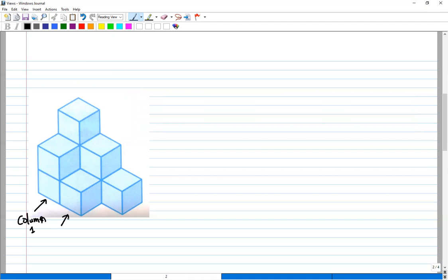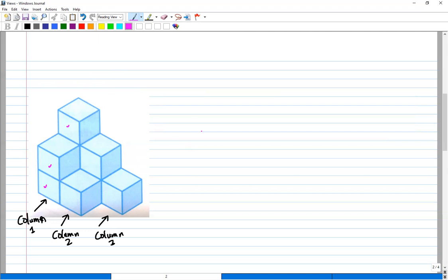We call this column 2, and we call this column 3. Okay, now when we look at column 1, you will notice that it has got 3 levels. This is column 1. Look at the levels 1, 2, and 3.